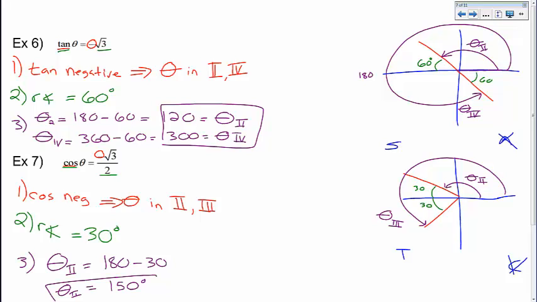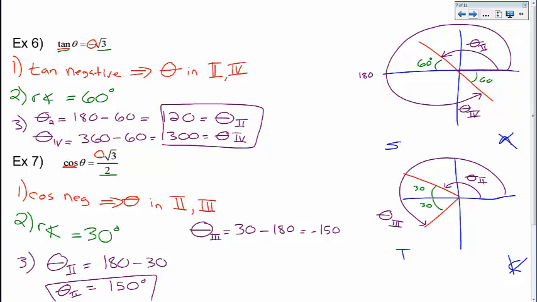Now for theta in 3, there are two different ways that you could go about solving this, and I will show you both of them. The first method is to take your value for your reference angle, 30 degrees, and subtract off that 180 degrees that is the left side of the x-axis. This will give you a value of negative 150 degrees.